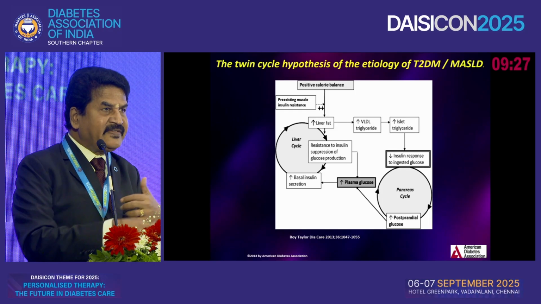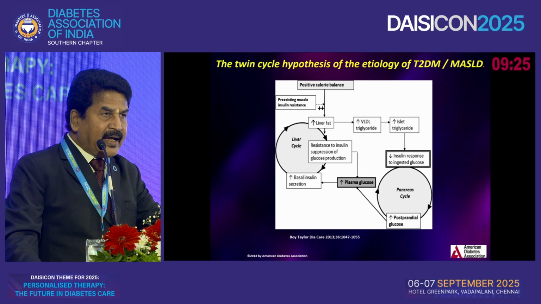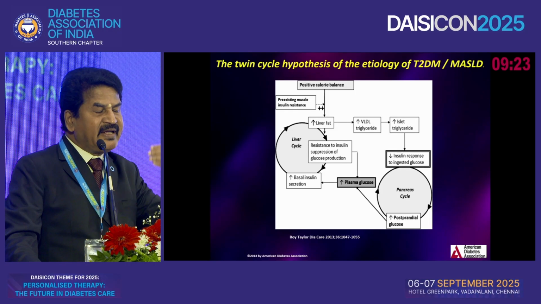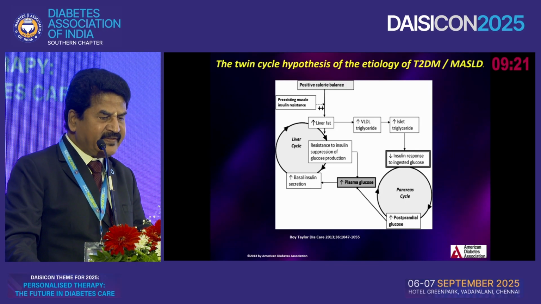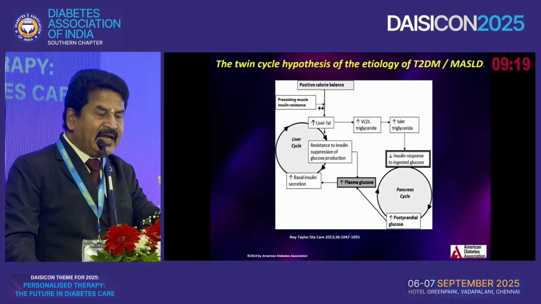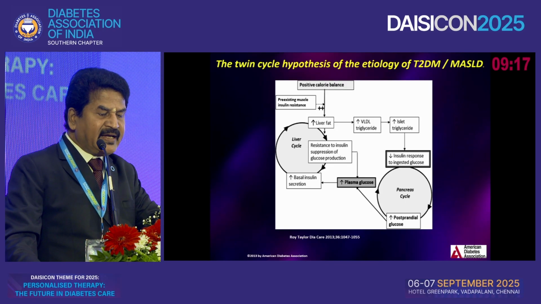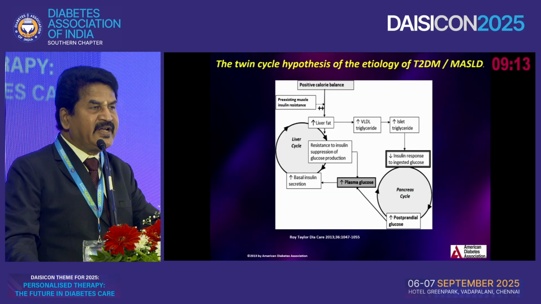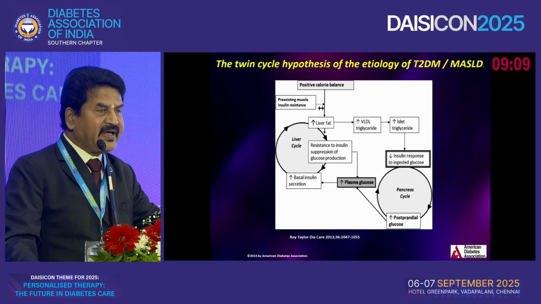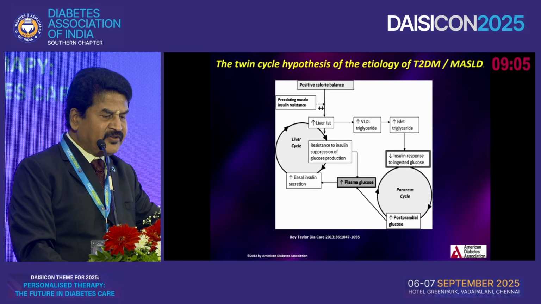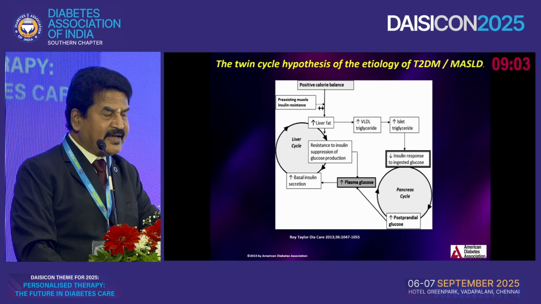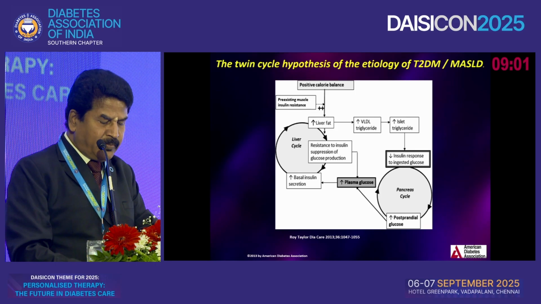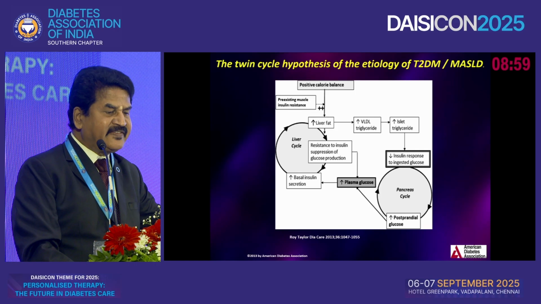Whereas in the pancreas cycle, higher liver fat leads to elevated VLDL triglycerides, which lead to elevated islet triglycerides. In turn, it shows a decrease in the insulin response to ingested glucose, which leads to elevated postprandial glucose and higher plasma glucose, which in turn leads to elevated basal insulin secretion. This is the twin cycle hypothesis. It explains both T2DM and MASLD.